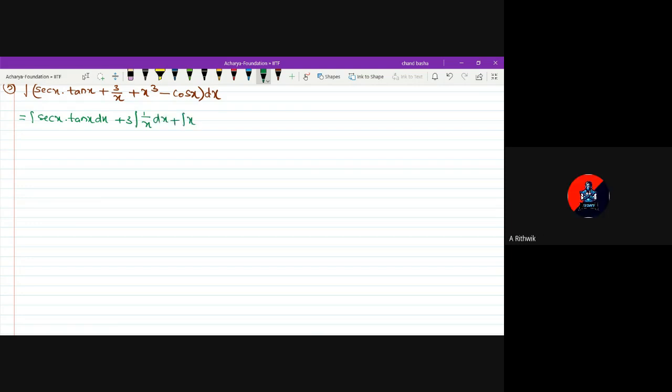Minus sin x, sir. Minus sin x. What is the third term? Third term x cube. For integral x cube means what you told? Sir, x power 4 by 4. That is important. Sir, minus 4x to the power 2, sir.